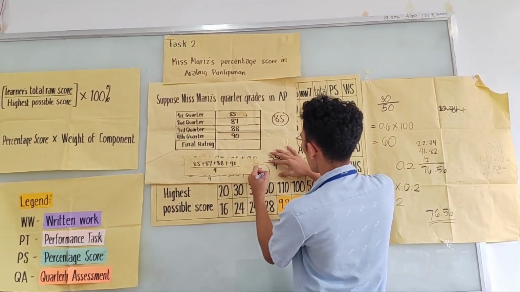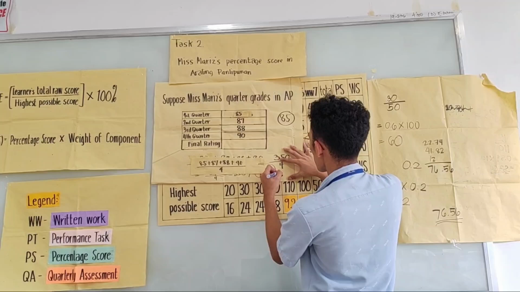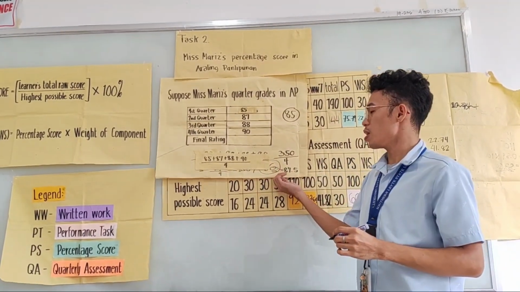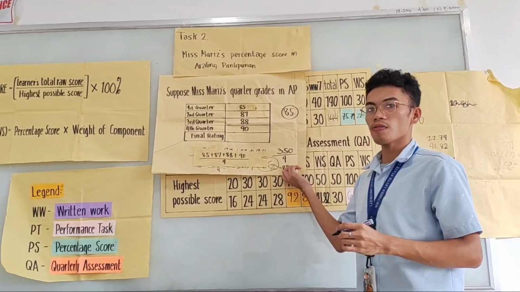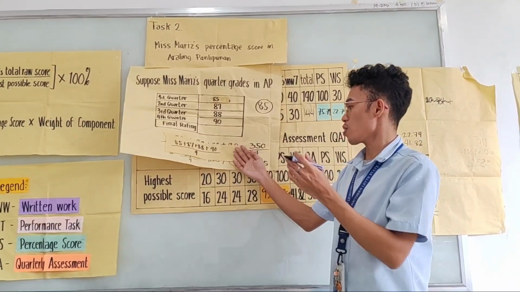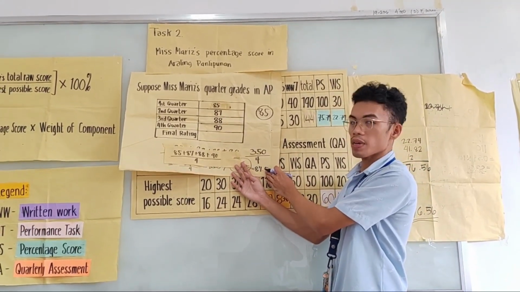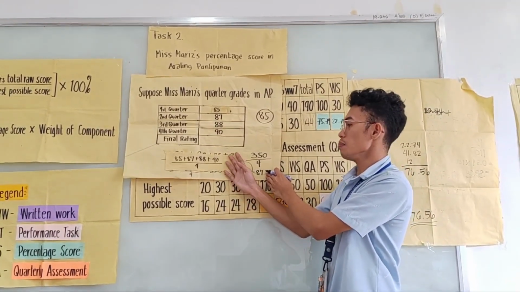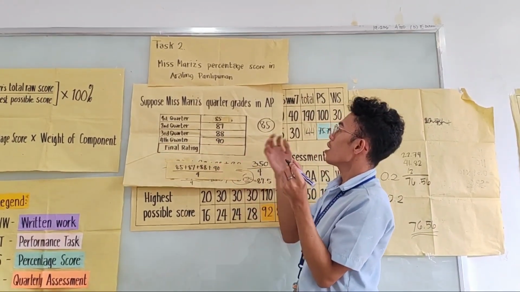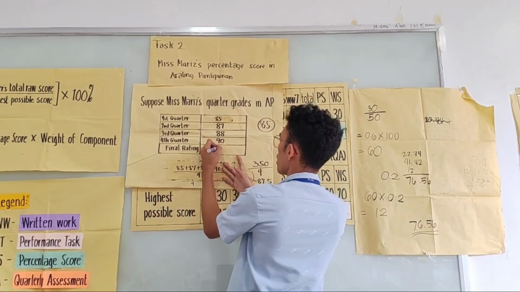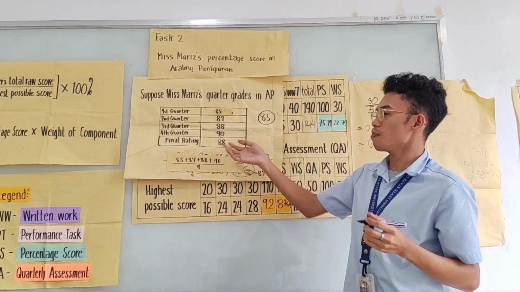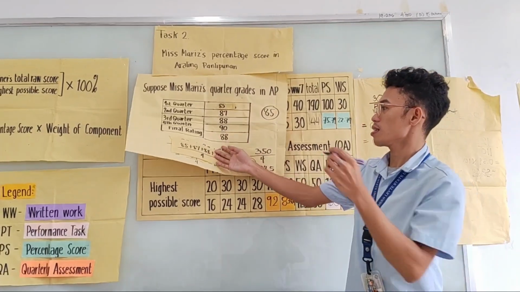So this is her final rating, 87.5. Since this is a decimal number, we need to round it off to become a whole number. Since 5 is the rounding digit, 87.5 will become 88. So Miss Marie's final rating in Araling Panlipunan is 88.